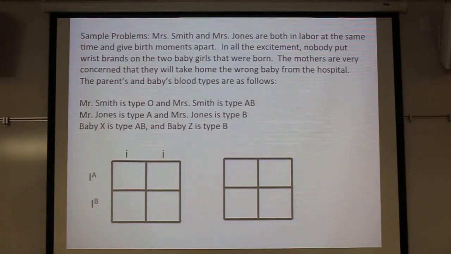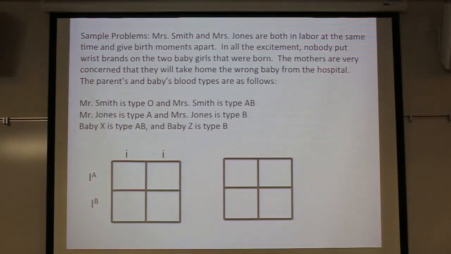It doesn't really matter if Mr. Smith goes here or goes here and vice versa. It doesn't matter the order in which you put the A versus the B. The only thing that matters is you have all the possible choices here and all the correct possible choices here, and then you're going to end up crossing them and say, well, what if this sperm from Mr. Smith here fertilized this egg, what would you get?